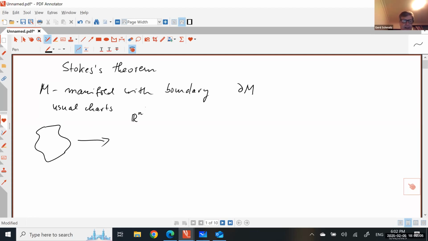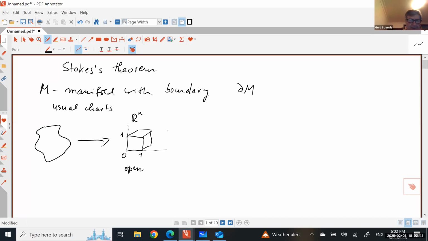And we can actually always assume that this domain in R^n is an n-dimensional cube. So something like this, where here is the origin, this is one in one axis direction, this is one. So an open cube with side length 1. We can always do that.